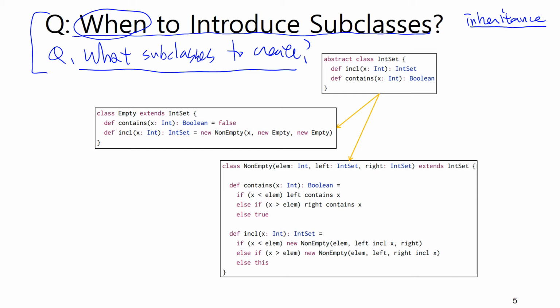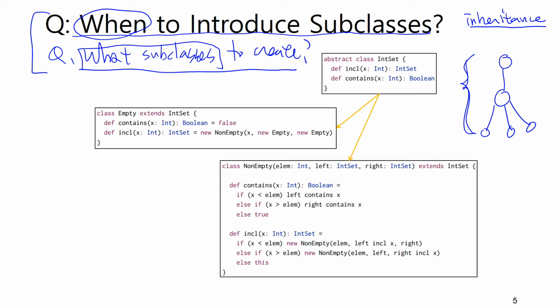For example, you can have a superclass, you can have a subclass, you can have subclasses of a subclass. And having this many subclasses complicates the reasoning about your program. Eventually, your program with lots of classes will collapse under its own weight. So we have to be very careful about when we decide to introduce subclasses, and what subclasses to create.